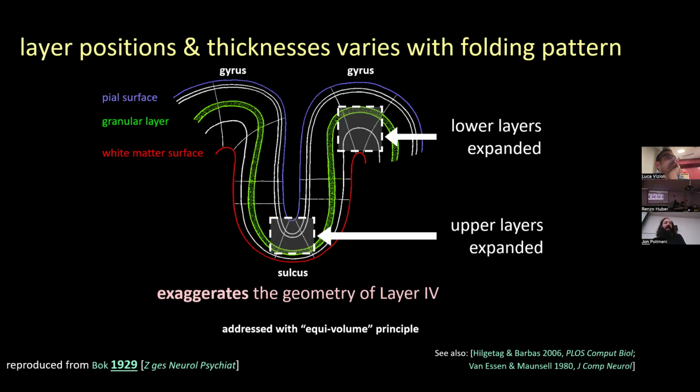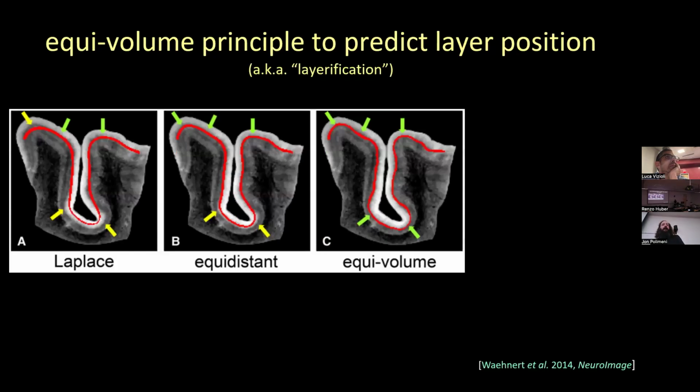Here's an example of this equivolume principle used to predict layer position, also known as layerification. Shown on the left, if we solve the Laplace equation to try to estimate the geometry of layer 4, the Laplace equation minimizes curvature and smooths out these curved structures. So it really does a bad job, not capturing the fact that the geometry of layer 4 is exaggerated as we look across the cortex.